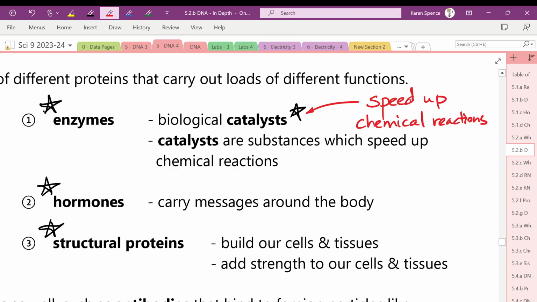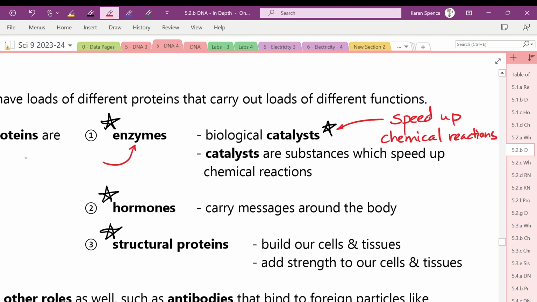Okay, so you can have a reaction that's just sitting there doing nothing, and you add a catalyst, and all of a sudden it goes super fast. Now, enzymes are the catalysts of your body, okay? They are the catalysts inside living things.